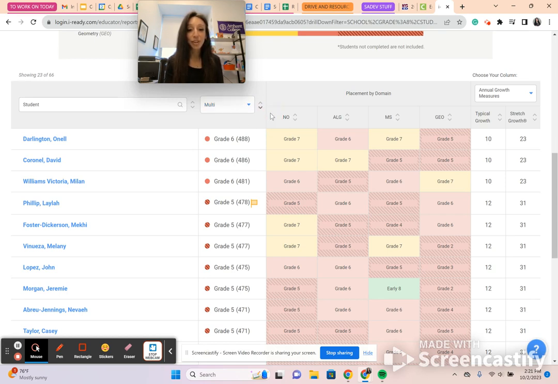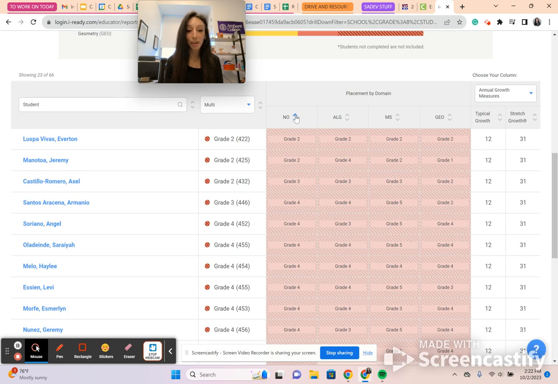Now, in order to take student groupings and make the most of them from what I know to be true about kids, I could go in student by student and say, okay, well, I know that David and John and Jeremy are all working on number sense. Or I could sort and filter by lowest to highest scaled score in a certain domain.